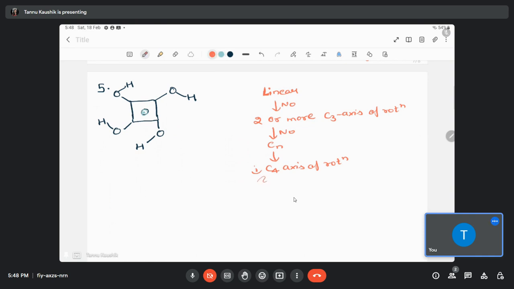And do we have 4 C2 axis of rotation perpendicular to this C4? No, we don't have C2 axis of rotation in this molecule.